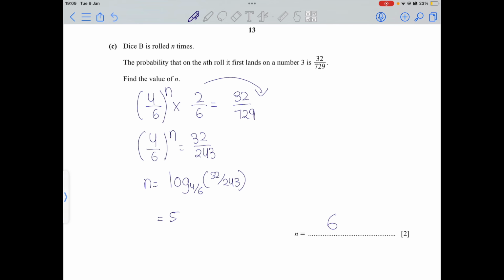That gives us 32 over 729. So for 5 tries the probability of not getting a 3 is 4/6 each, but on the last try, the probability is 2/6. So 5 tries with no 3, and on the 6th try you'll get a 3.